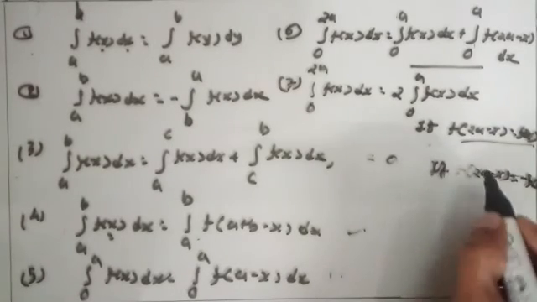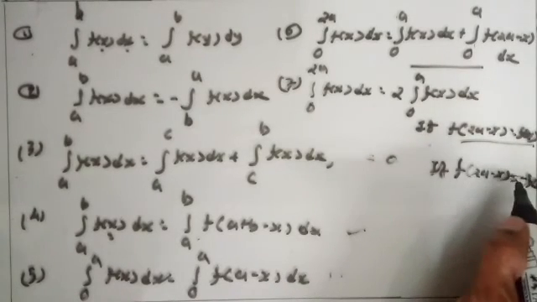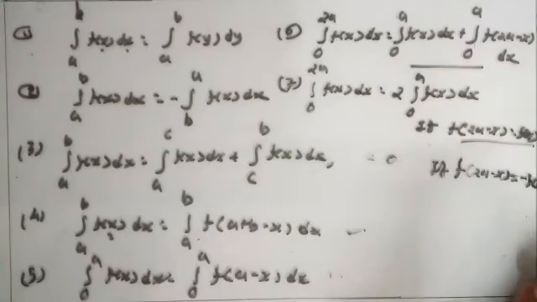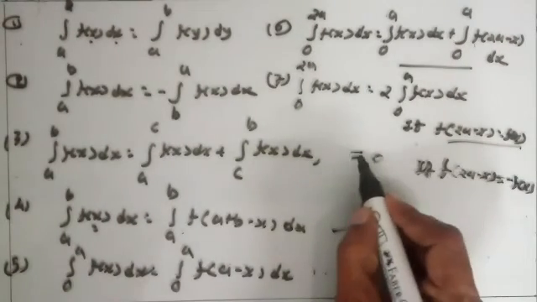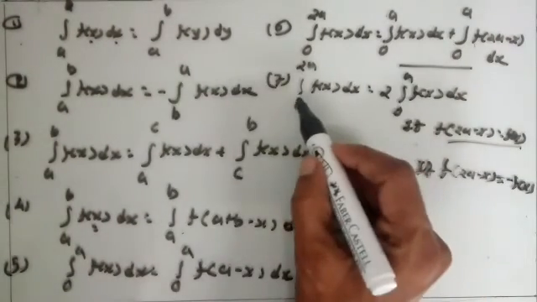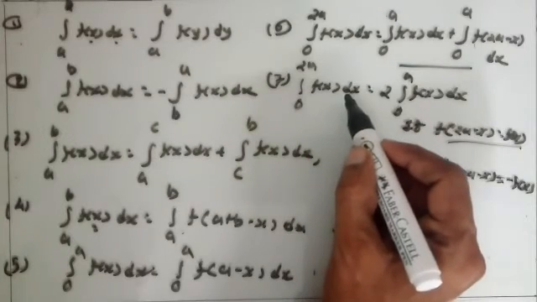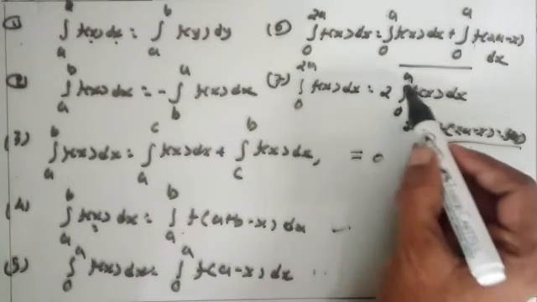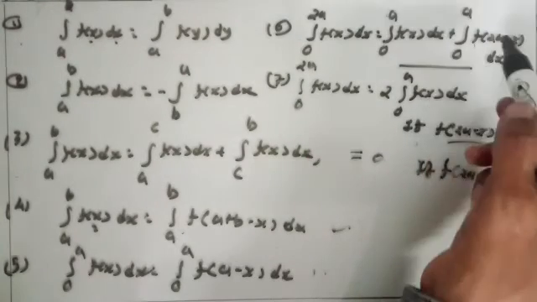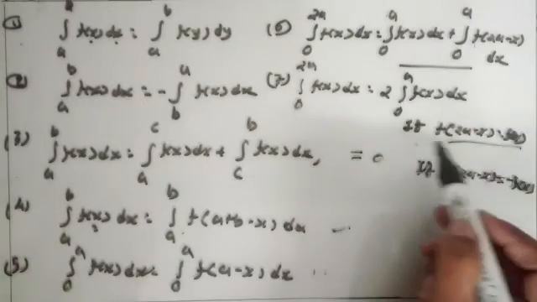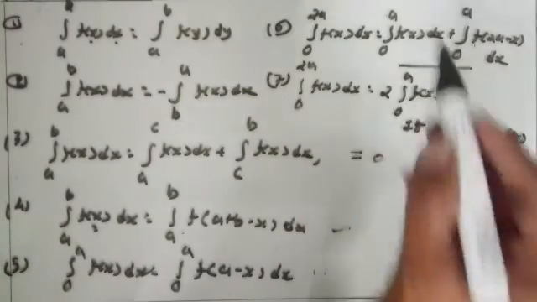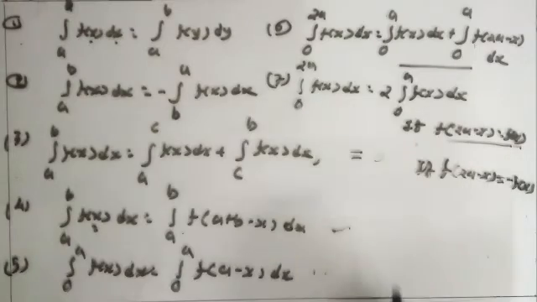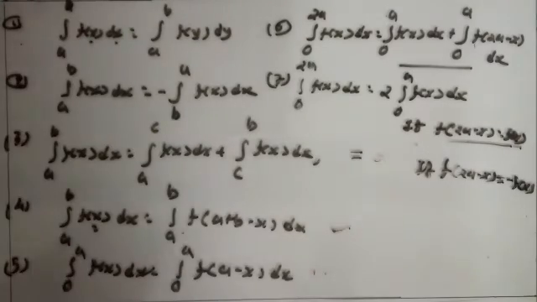So if f(2a minus x) is equal to minus f(x), then it becomes 0. So remember this important property, 0 to 2a f(x) dx is equal to 2 times 0 to a f(x) dx if f(2a minus x) is equal to f(x). Okay, and if f(2a minus x) is equal to minus f(x), then it becomes 0.